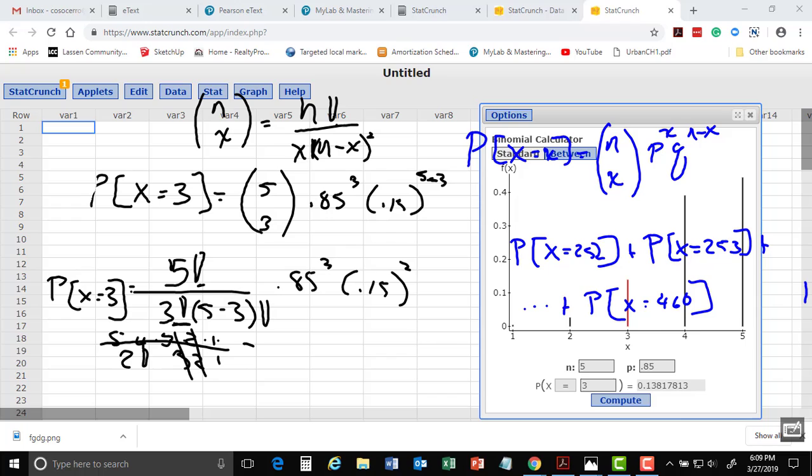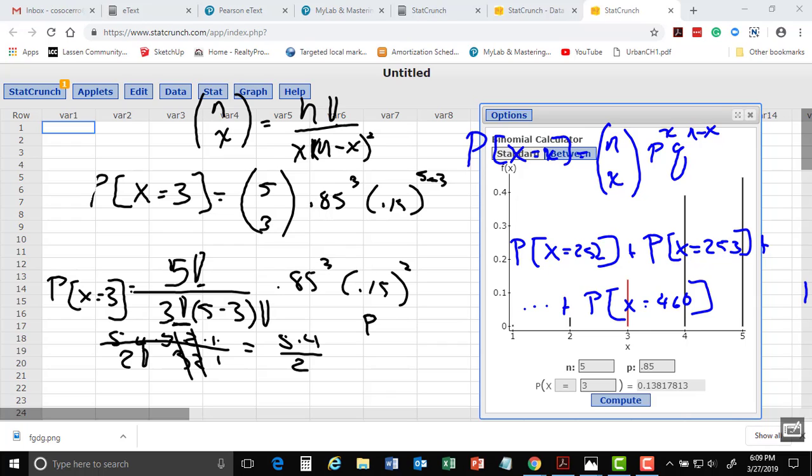So let me clean it up. You've got a 5 times a 4, and down here we have a 2 factorial. What's 2 factorial equal to? 2 times 1, which is 2. So that part is 10.